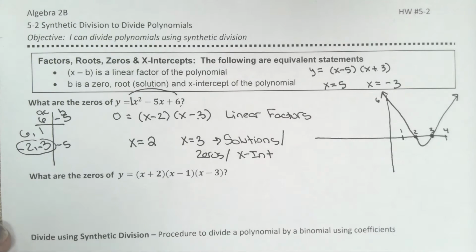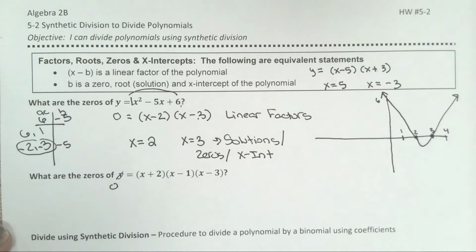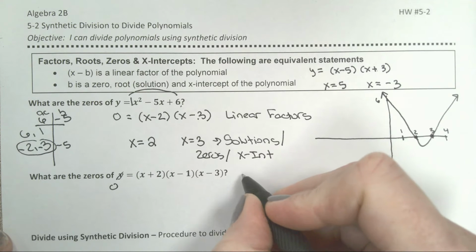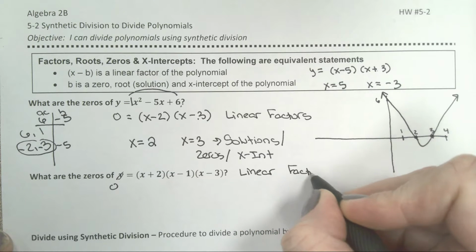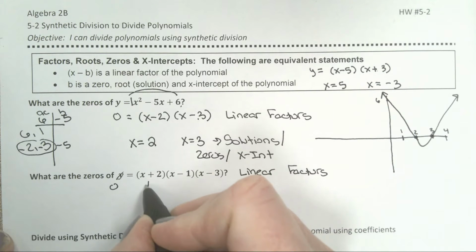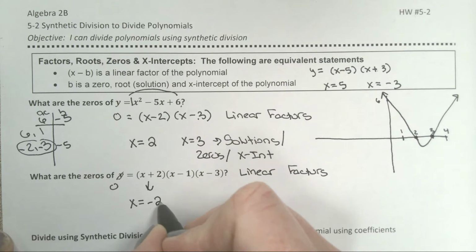This says, what are the zeros of this? So fake out that y and change it to a 0. So once again, these are called the linear factors. That means x equals 2, negative 2.